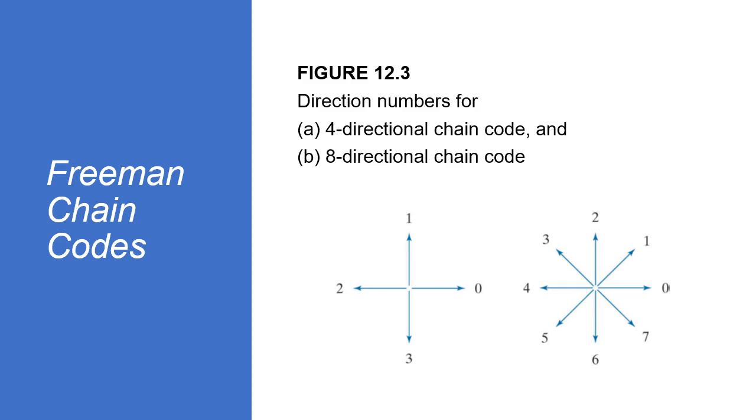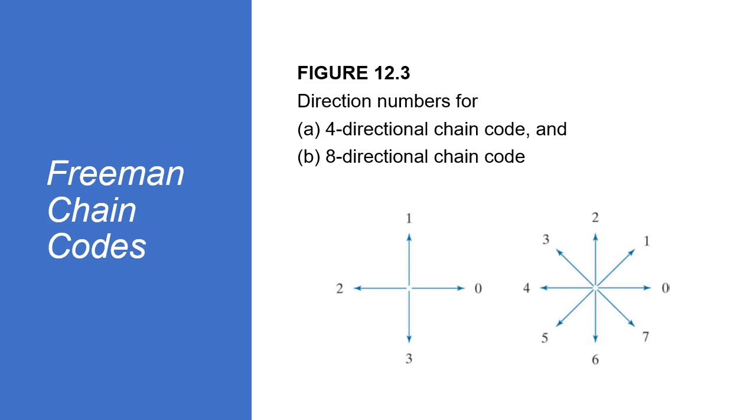Now we start with the first representation, which is the Freeman chain code. Figure 12.3 from textbook number 1 shows the direction numbers used in the Freeman chain code.